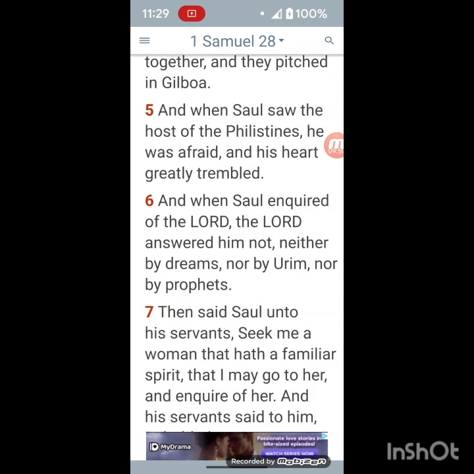And when Saul inquired of Yahweh Bashem Yahushai, Yahweh Bashem Yahushai answered him not, neither by dreams, nor by Urim, nor by prophets. You know the Urim, which is the Awarayam in the Paleo Hebrew. Urim and Thummim, that was the ancient technology that the Levitical high priest had.